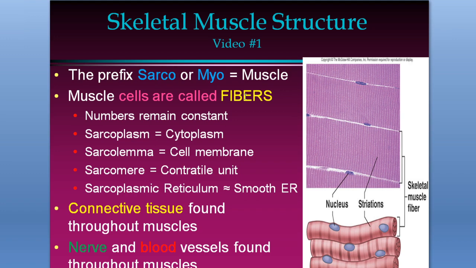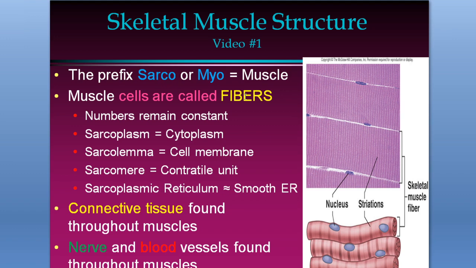These muscle cells then fuse together to make muscle fibers. Now, this is why in the last video I told you that skeletal muscle is multinucleated, because those embryonic muscle cells each have a nucleus, and when they fuse together, all those nuclei go into one fiber.